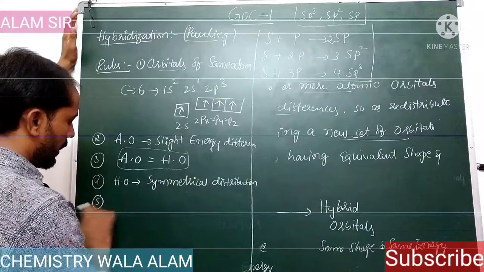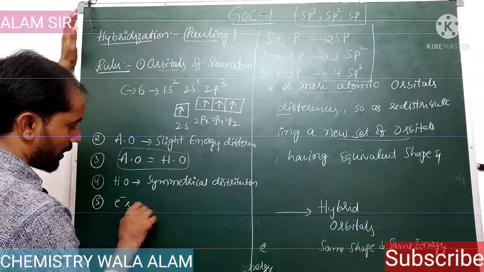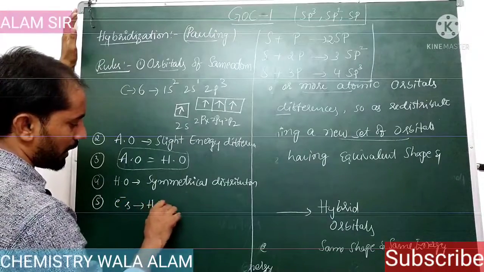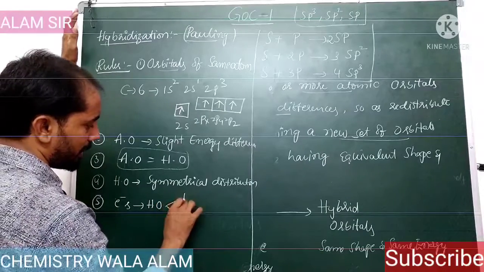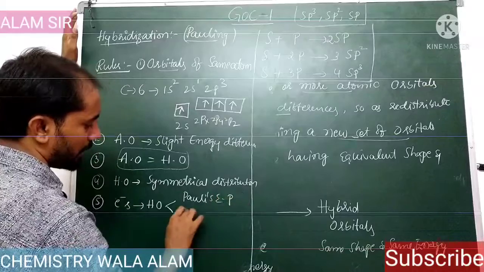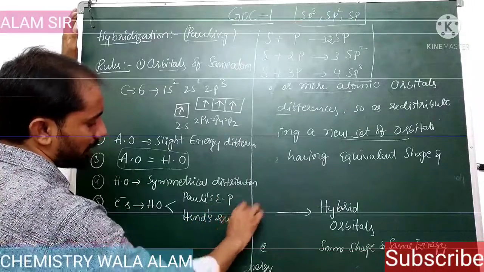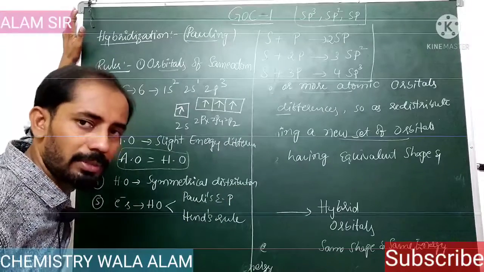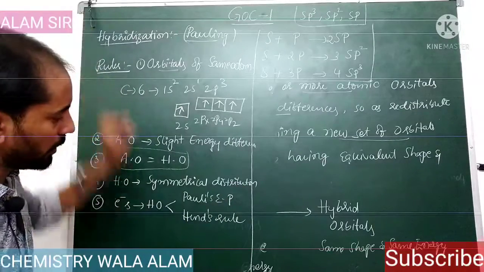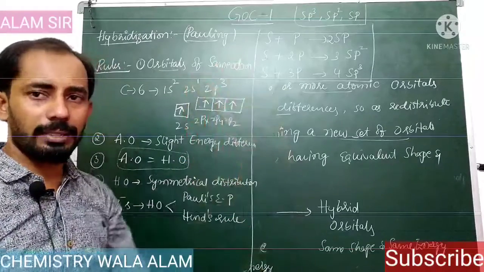Next, electrons in the hybrid orbitals. The filling order follows two rules: the Pauli's exclusion principle and Hund's rule. According to Pauli's exclusion principle, the electrons will be filled based on increasing energy levels.